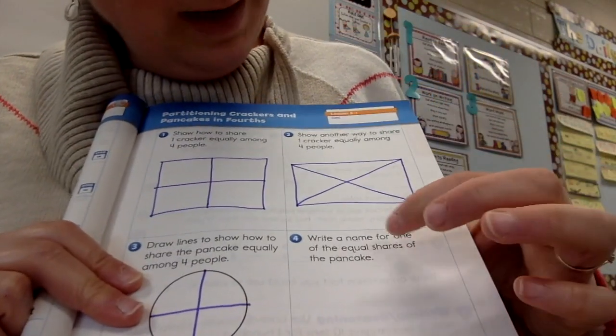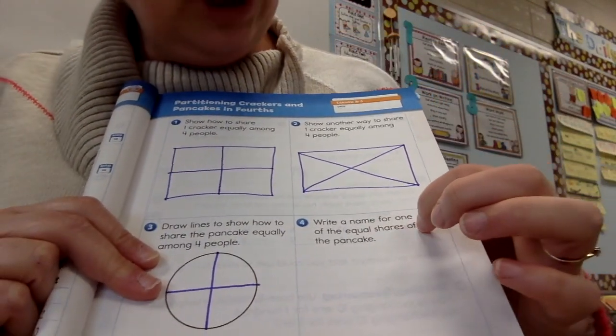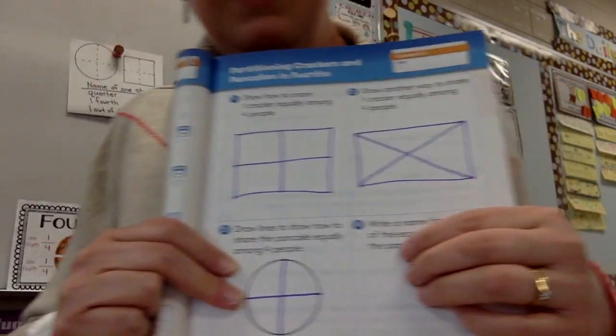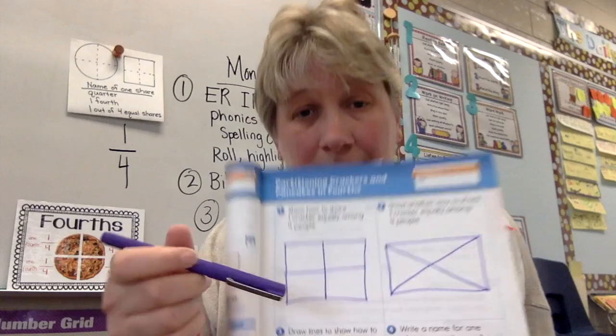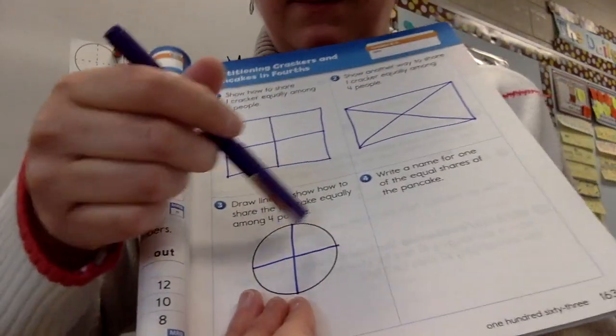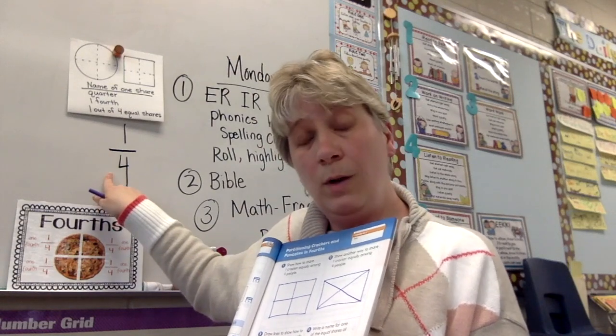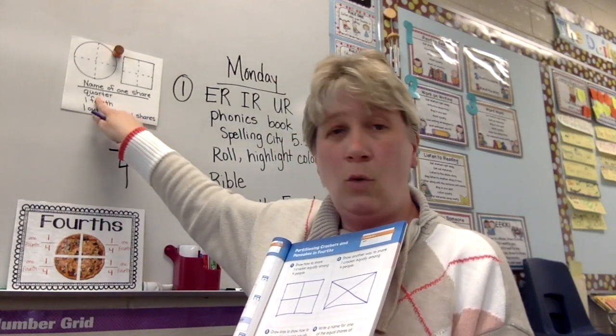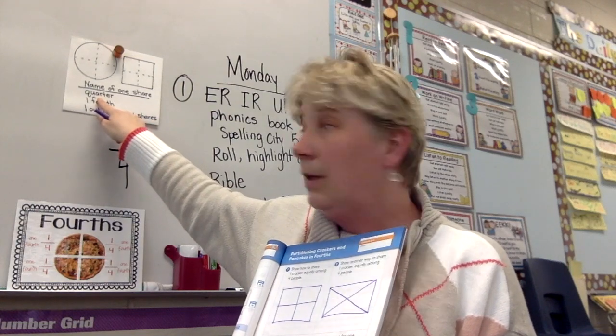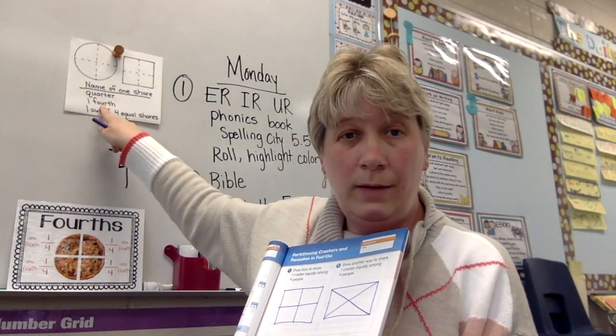And number 4 says write a name for 1 of the equal shares of the pancake. Now remember, we talked about different names for these different shares of the pancake or the pizza. You could just write 1/4 like this. Or you could call it a quarter. You could say 1/4.